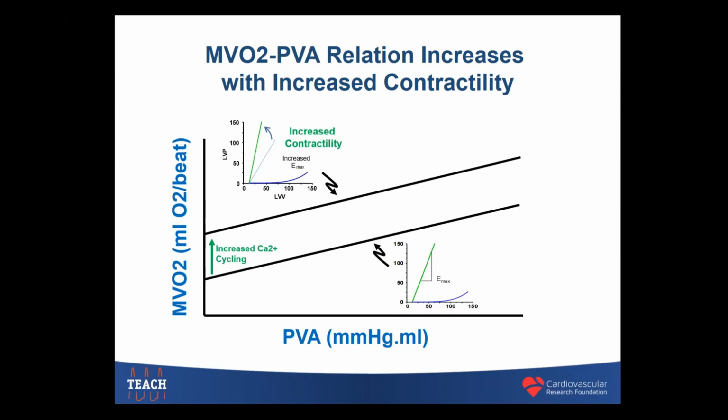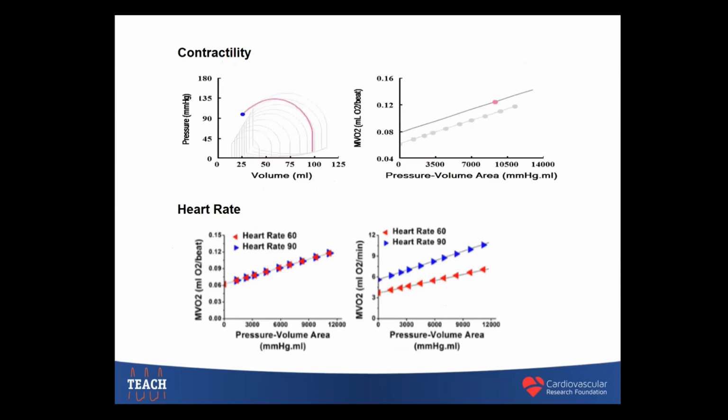And same thing if you utilize beta blockers or calcium channel blockers. If you have ischemia, all of those will decrease your calcium cycling. Now, here you can see contractility, and as you shift contractilities, you shift your whole pressure volume area, your whole relationship, and you have much more myocardial oxygen consumption.